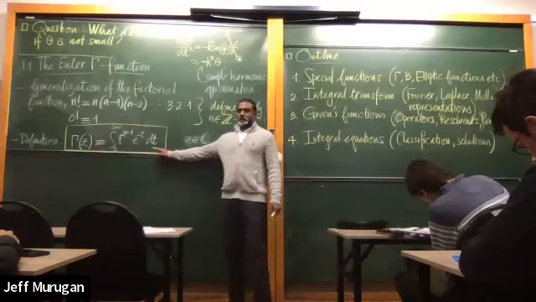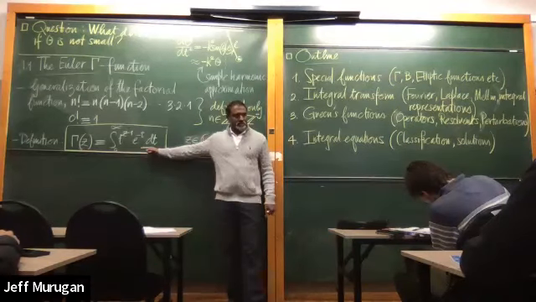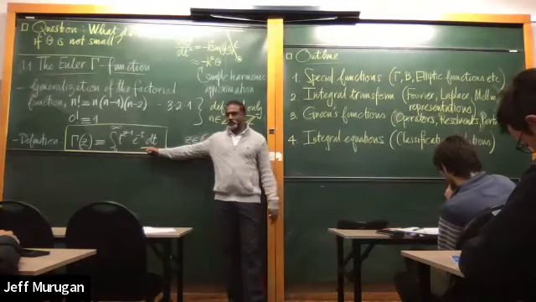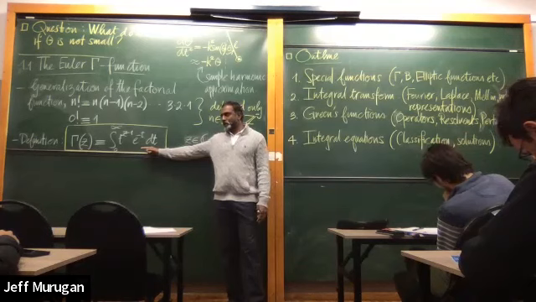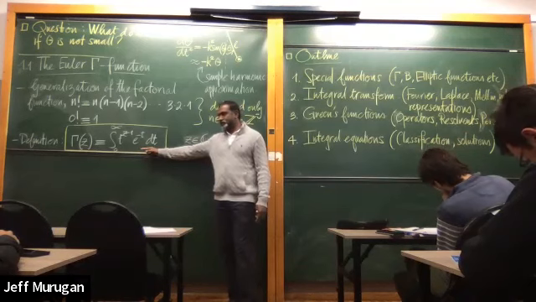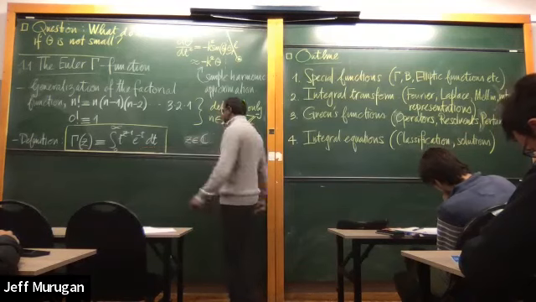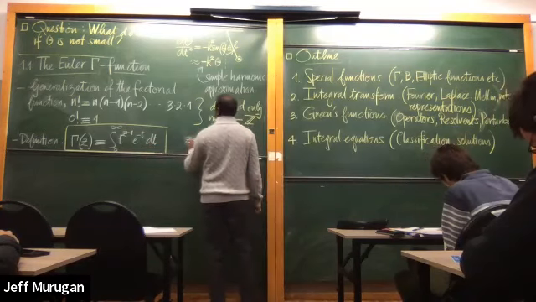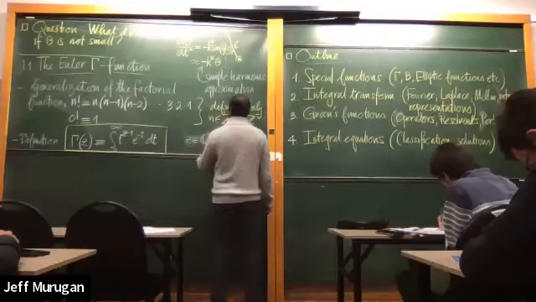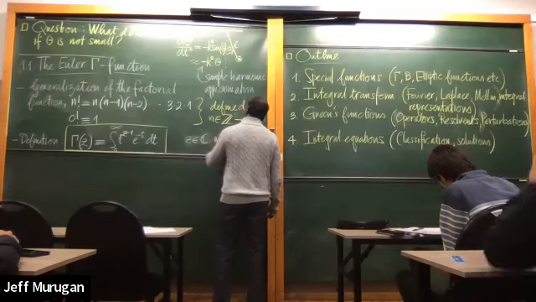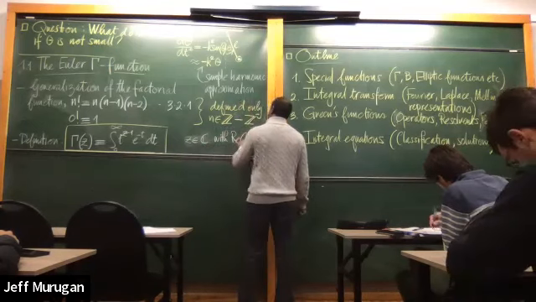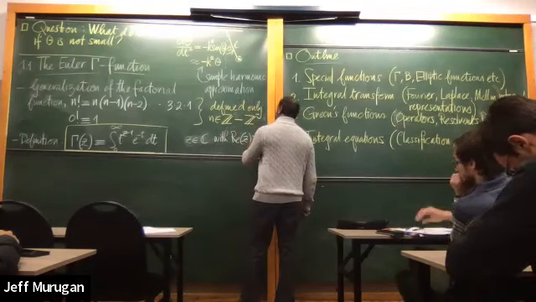Initially, whenever I write down any integral representation, any integral expression, you should always ask yourself, when does the integral converge? Okay. So in this case, the integral converges when the real part of z is positive.